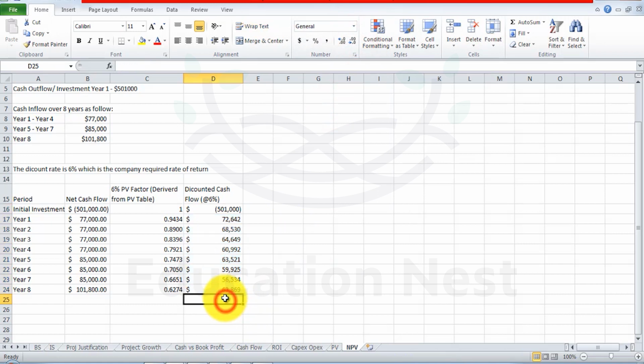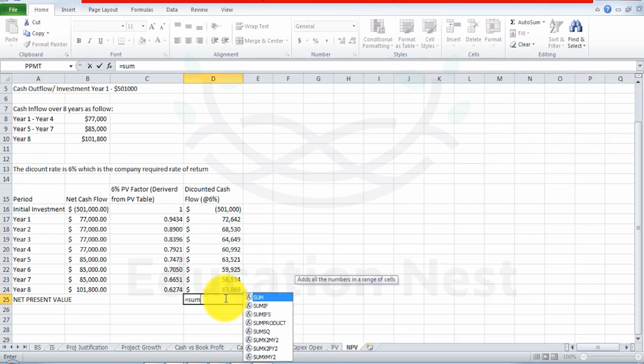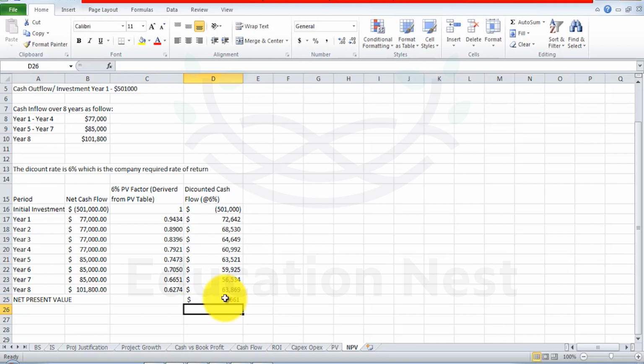Right. So now the net present value is the total present value of inflows minus the cash outflow.